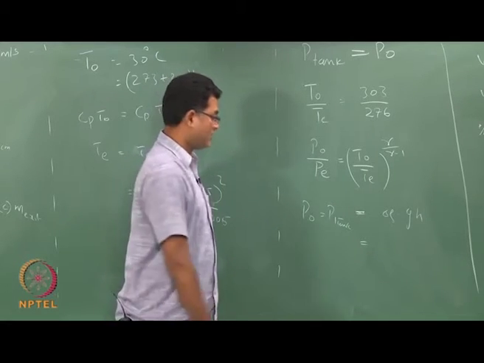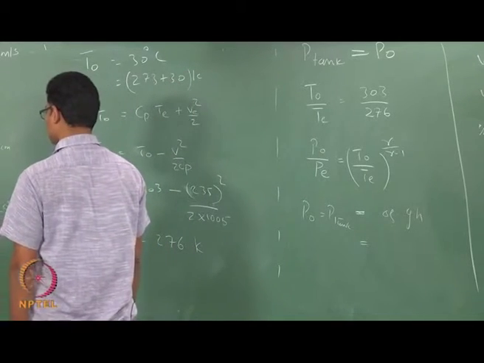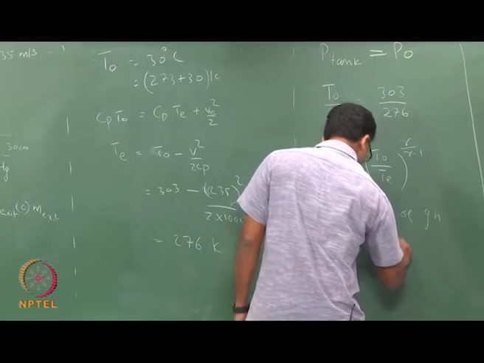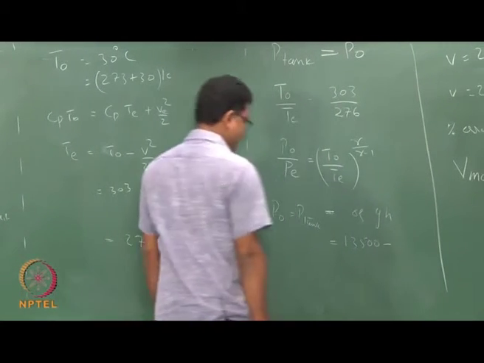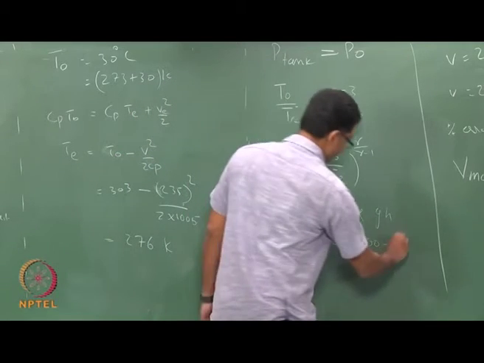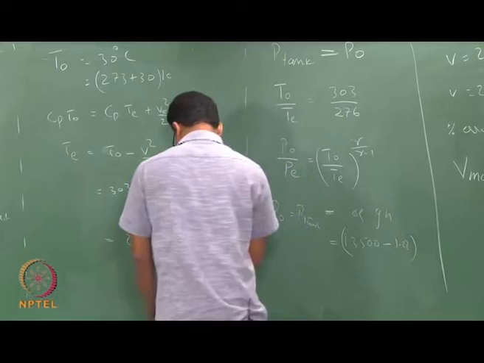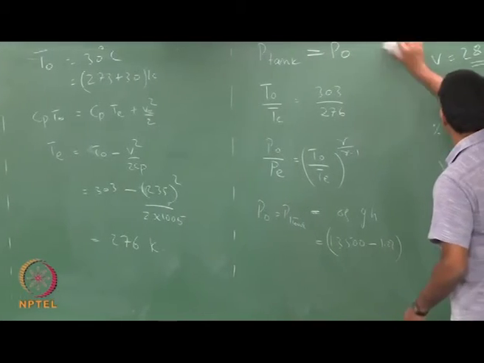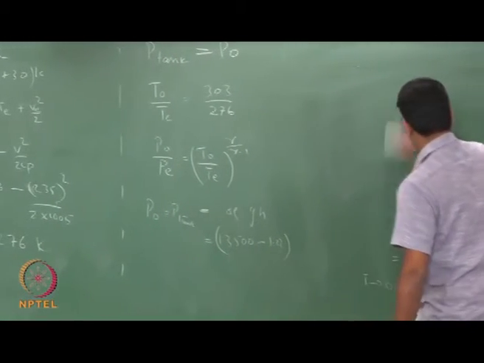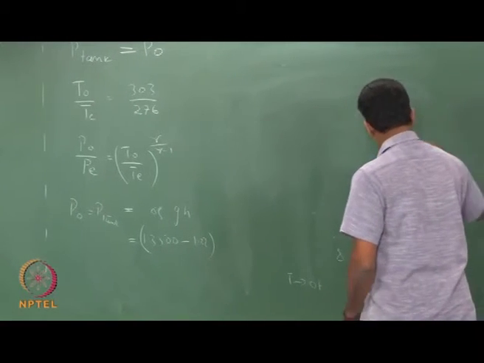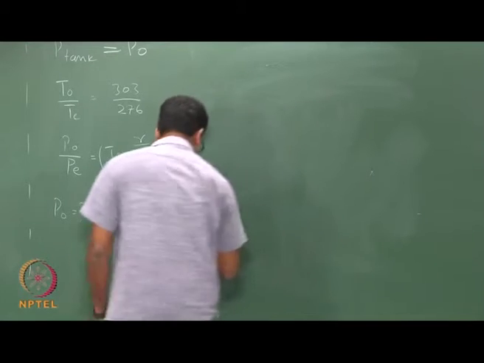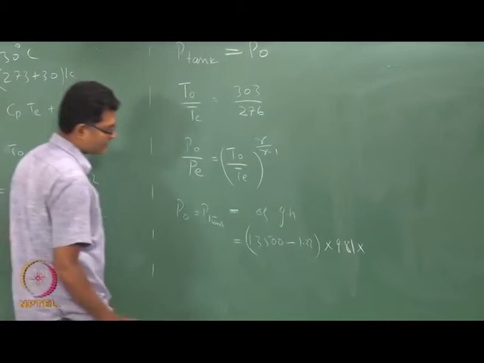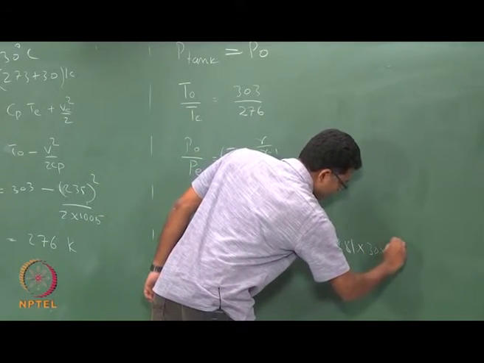Density of mercury, which is given, minus density of air, which is around 1.22, into g is 9.81 into h is the height difference, which is 30 centimeters. 30 centimeters is 30 into 10 power minus 2 meters.